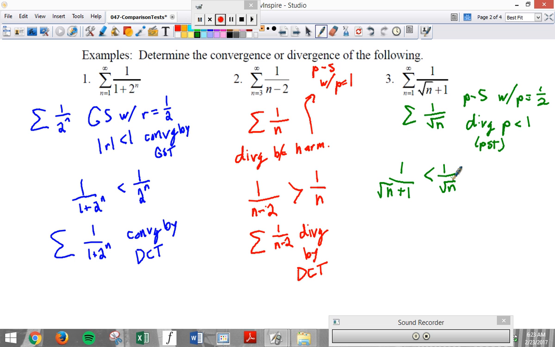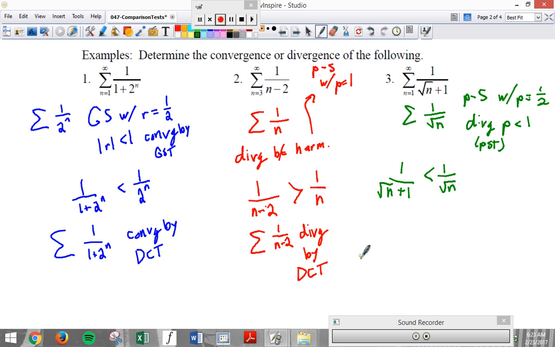Now pause. A lot of you are probably already writing down, because frankly, if you're smart enough to jump into BC, you're probably the most likely to have the smart student syndrome, where you think you understand this. A lot of you are like, oh, so it diverges by the direct. No, it doesn't.